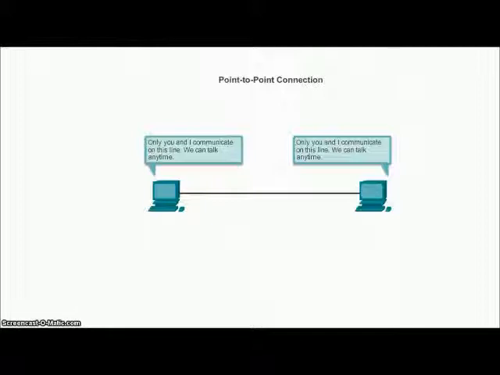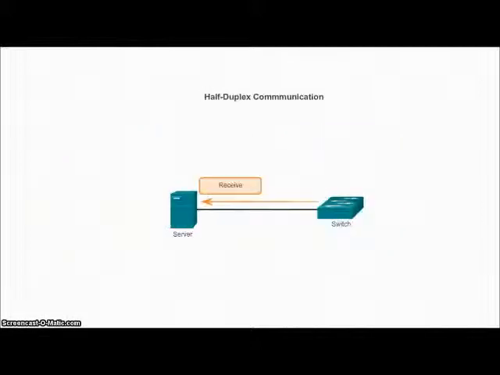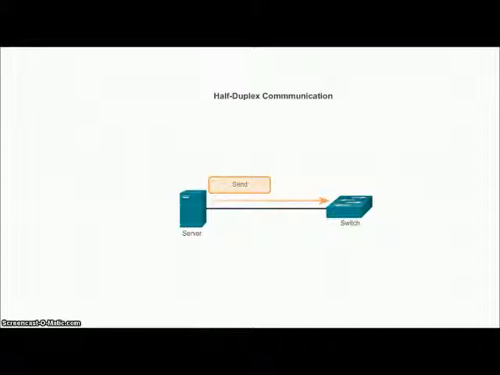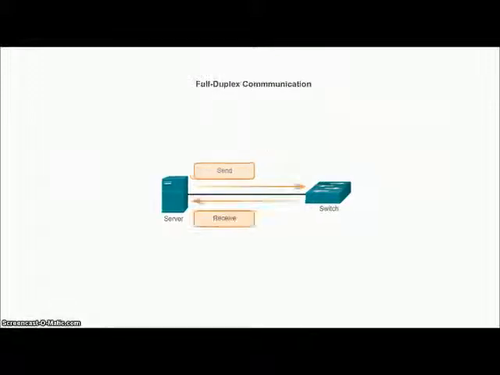Now, here we have a point-to-point connection. In point-to-point networks, data can flow in one of two ways. The first one is half-duplex communication. In this one, both devices can both transmit and receive on the media, but they cannot do it simultaneously. So here we can see either it receives or it sends, but they cannot do it simultaneously.